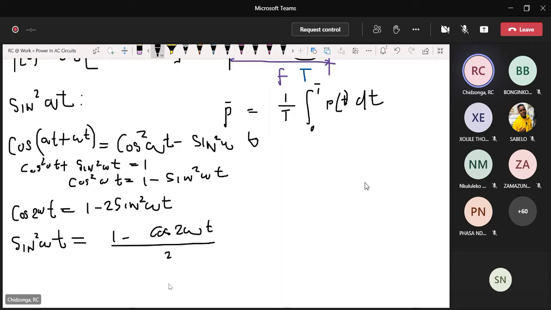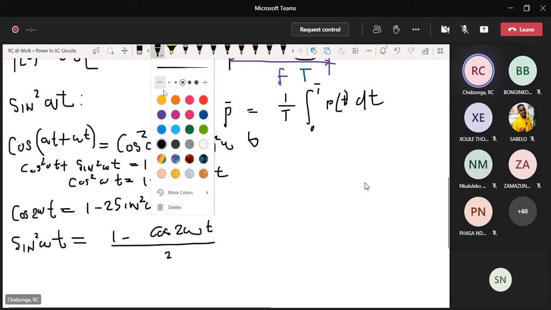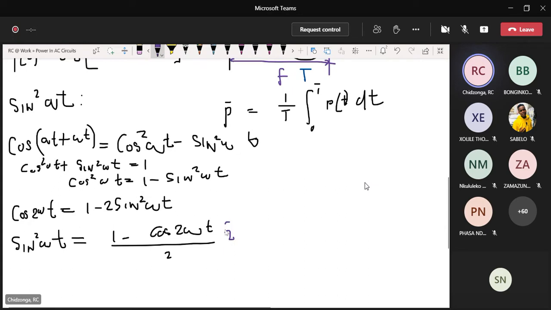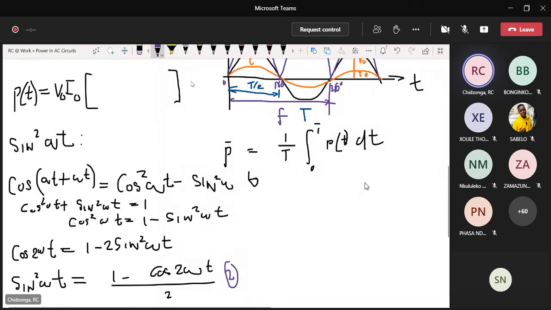So let me number this equation. I'll call this one 2 and this one 1.